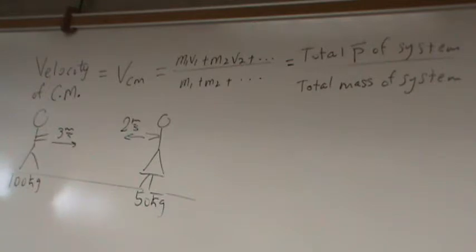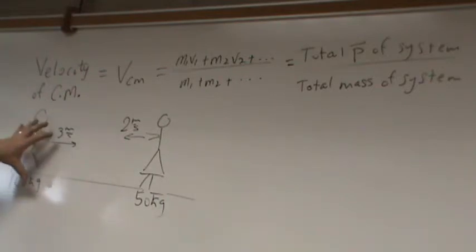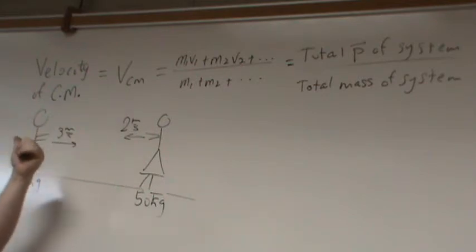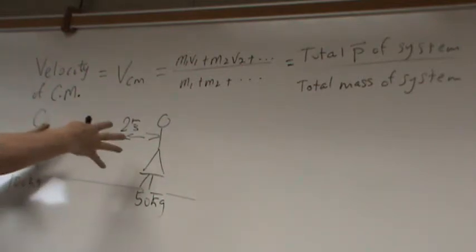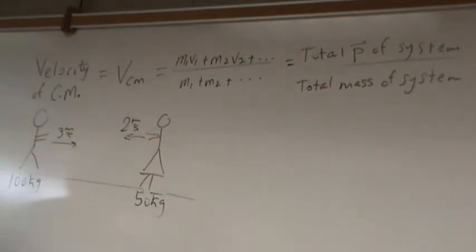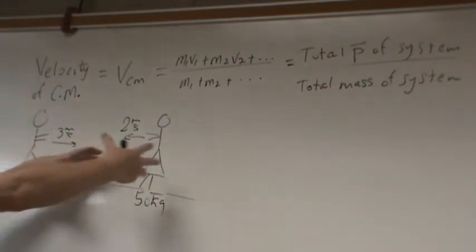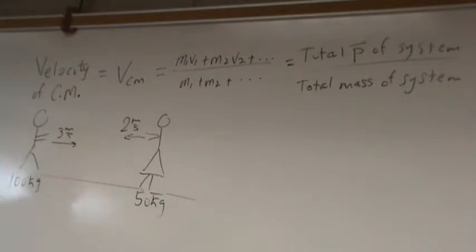Another way to think of it is the net momentum of the system is moving to the right. He's got 300 kilogram meters per second of momentum. She's got negative 100. So the momentum of the system is positive 200 kilogram meters per second to the right. So since the momentum of the system is moving to the right, that must mean that the center of mass is moving to the right.